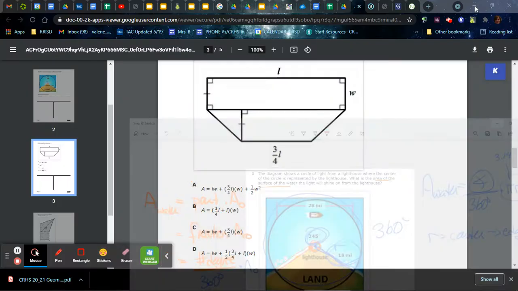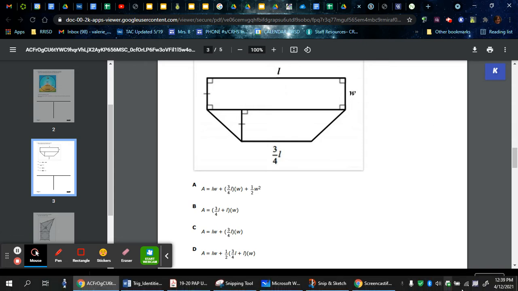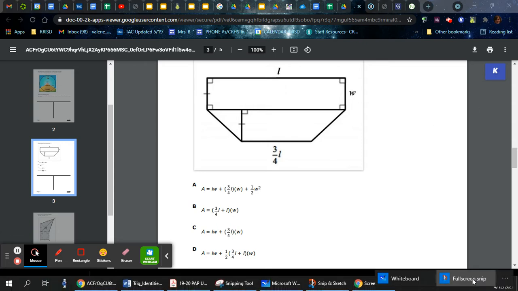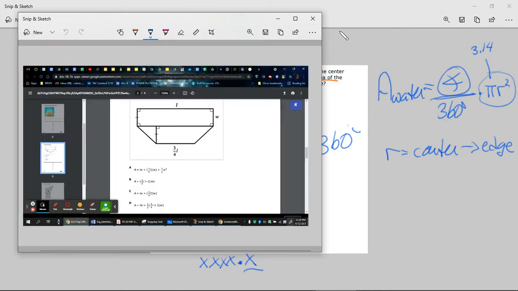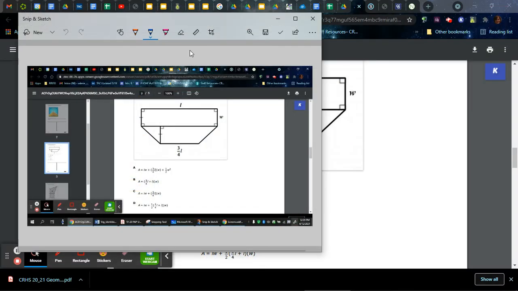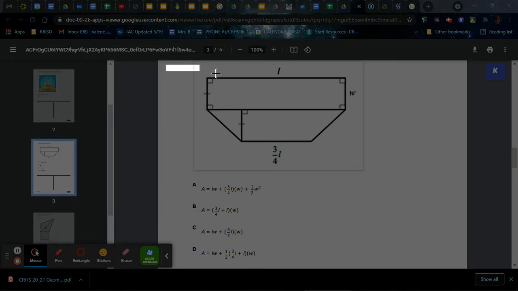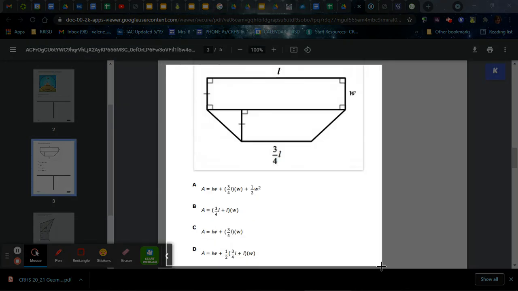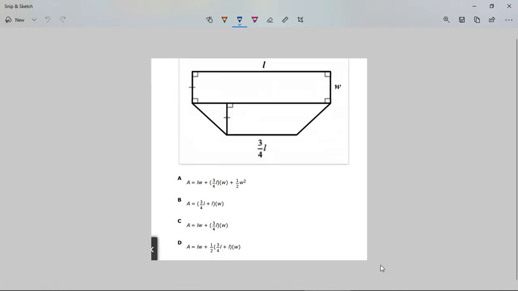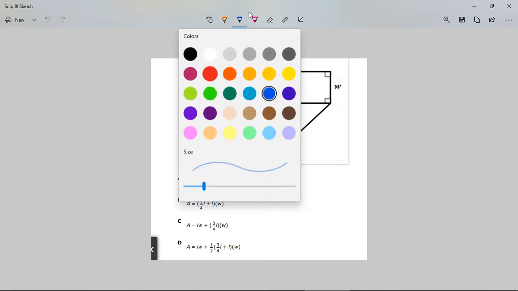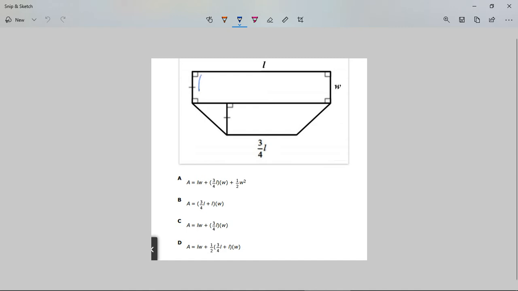Okay. The next piece here, I'm going to cut this out. This is problem number 2. Just give me a second to cut it out. Okay, so they want the area of this whole figure. So what you have here is a rectangle.